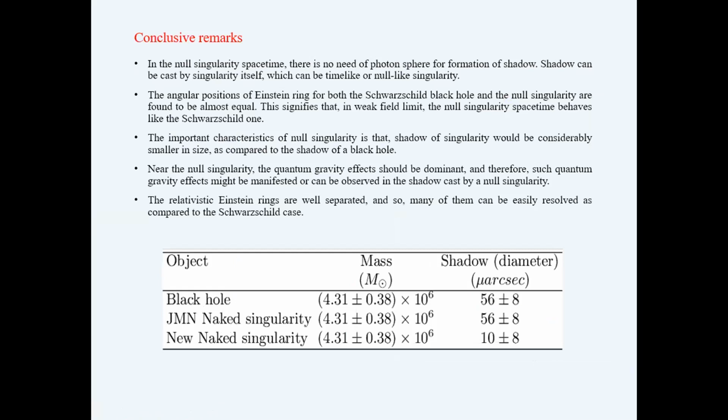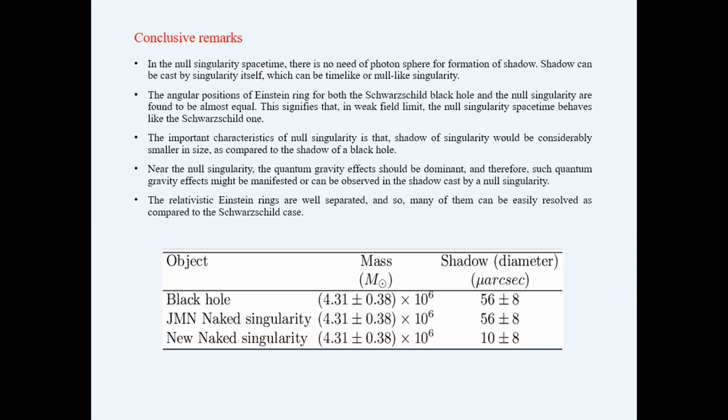Conclusive remarks. In the null singularity spacetime, there is no need for a photon sphere for the formation of a shadow. A shadow can be cast by the singularity itself, which can be a time-like or a null-like singularity. The angular positions of the Einstein ring for both the Schwarzschild black hole and the null singularity are found to be almost equal.